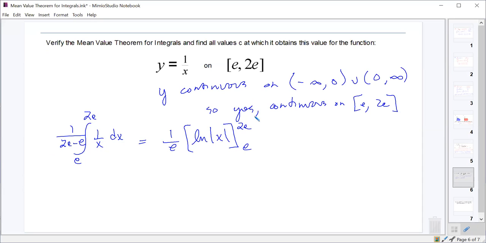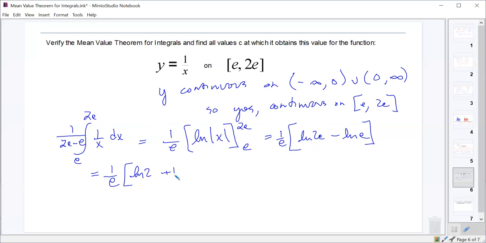Everybody good there? Then we'll plug in our 2e and our e. We get 1 over e times natural log of 2e minus natural log of e. What's the natural log of 2e? The natural log of 2 plus 1.